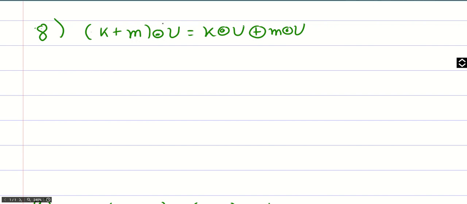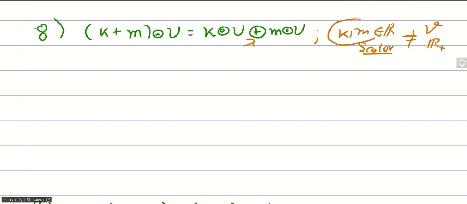This is kind of tricky, and that's why I decided to put here a circle to differentiate with the usual summation. Remember that in this case, k and m are real numbers. They are scalars. They are not the elements of your vector space that correspond to the positive numbers. So they are totally different.